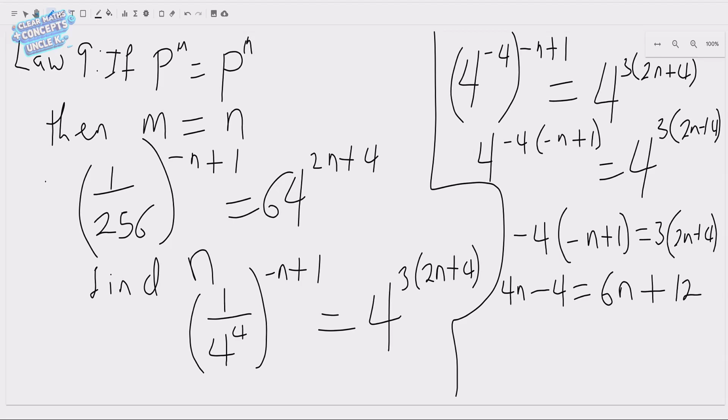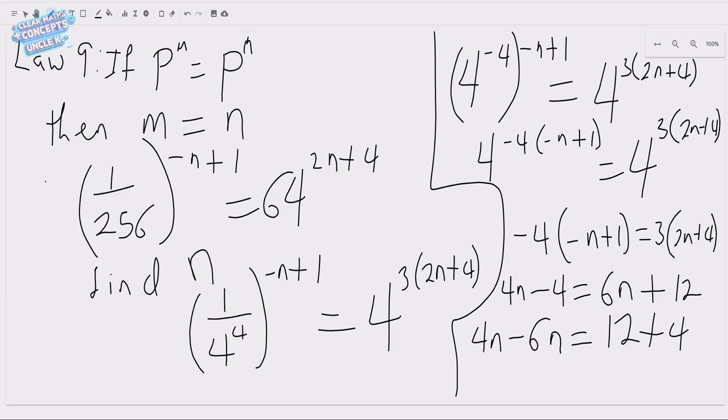So you now collect like terms. 4n, and this is plus 6n. When it crosses the bridge to the other side, it becomes negative. Equals 12 on this side, but there's a minus 4 on my left hand side. When it comes to the right hand side, it becomes positive 4.